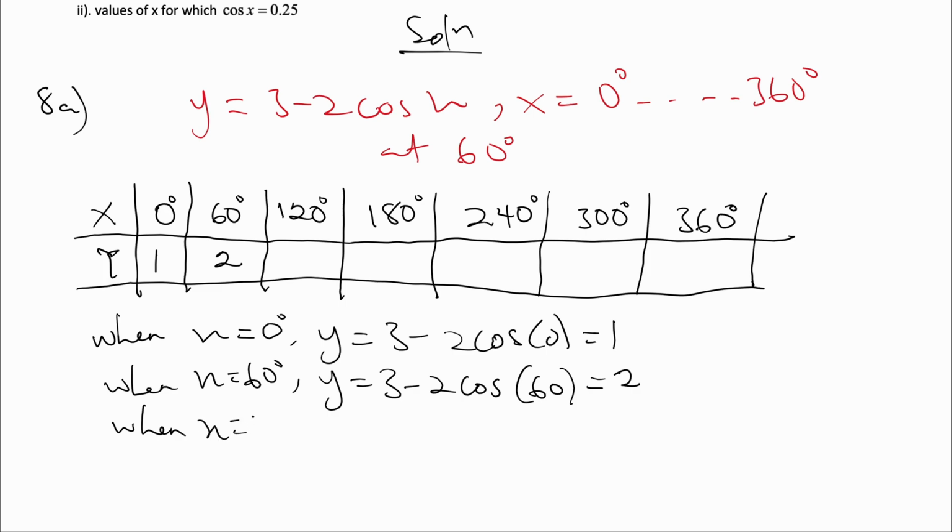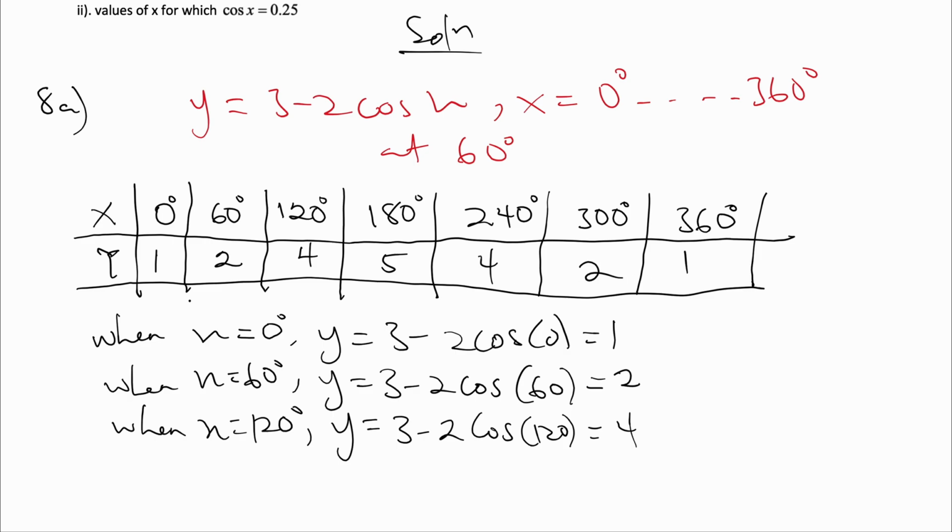When x is equal to 120 degrees, y is equal to 3 minus 2 cos 120, and this is equal to 4. So we do the same for all the values of x, and we should have 5 here, 4 here, 2 here, and 1 here. So this brings us to the end of question 8a.